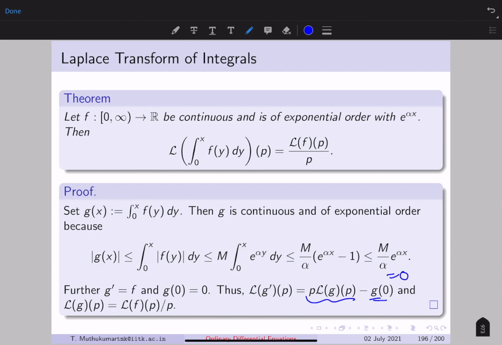And g prime is f, so this is L of f, which is this; this p comes here, and L of g is what? L of g is this, which is precisely this. Okay, so we have also seen the Laplace transform of the integral. We have also seen the Laplace transform of derivatives.